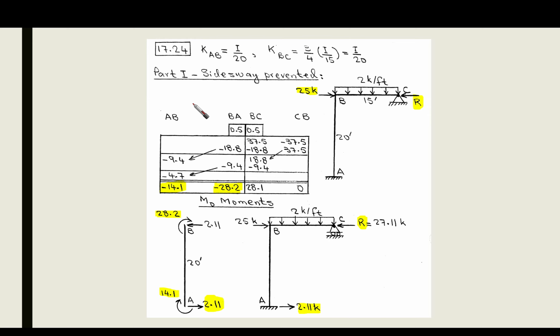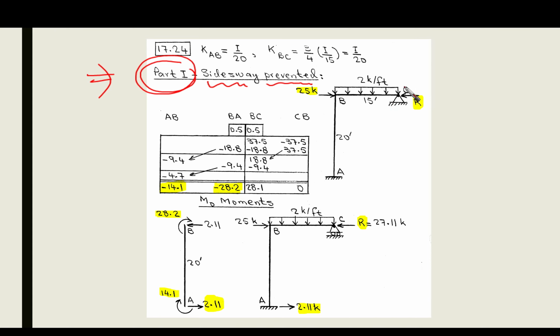As you know, we have 2 parts for the solution of the Sidesway permitted frame cases. The first part is related to the case where Sidesway is prevented. In this case, we are going to prevent the frame from swaying laterally. How can we do this?